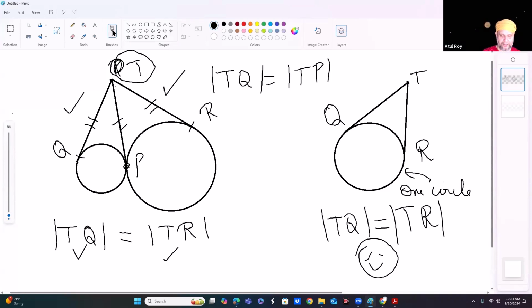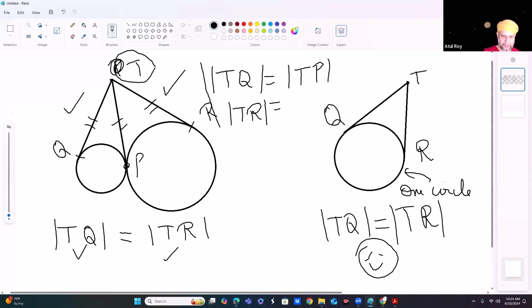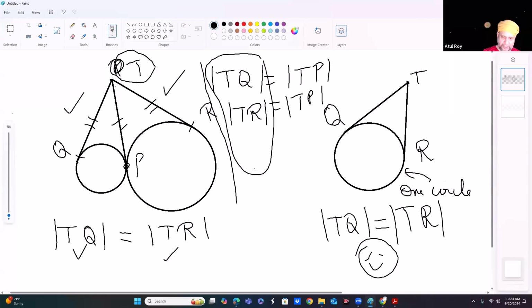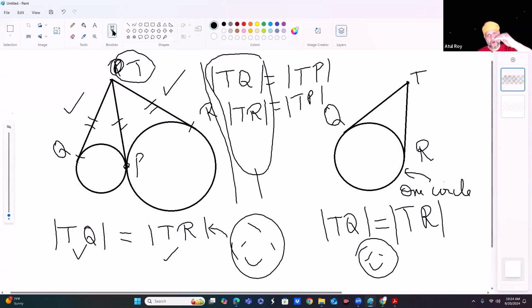Very good. TR is also equal to TP, right? So these two will have to be equal, right? Make sense? So what we have to do now is write it logically and send it over to me, okay?